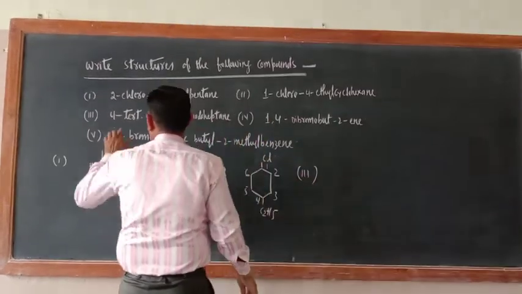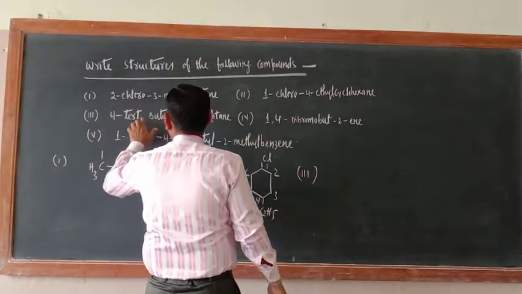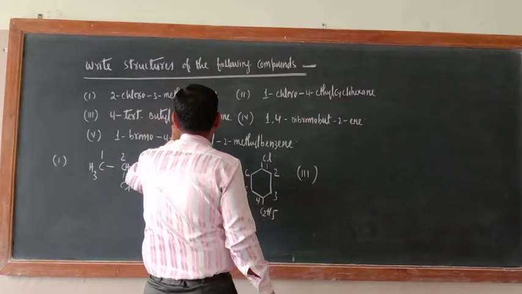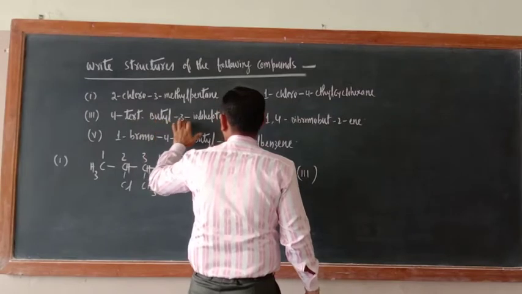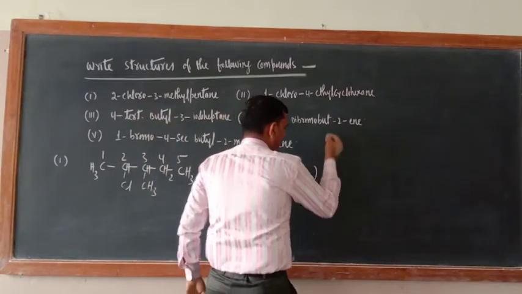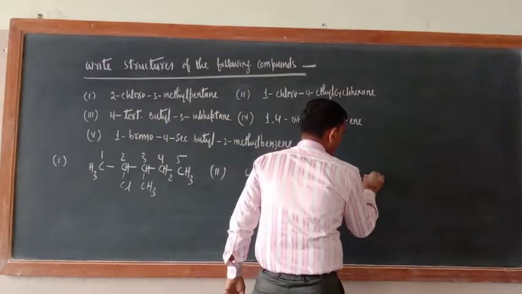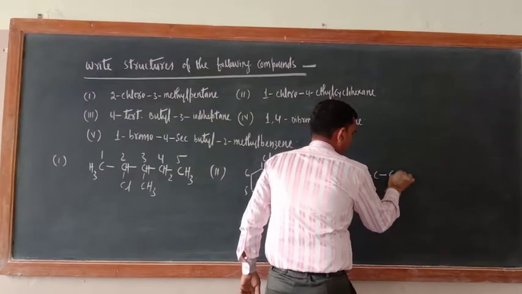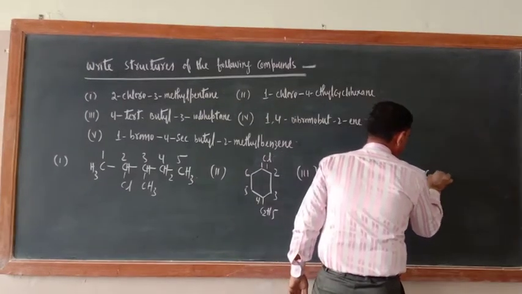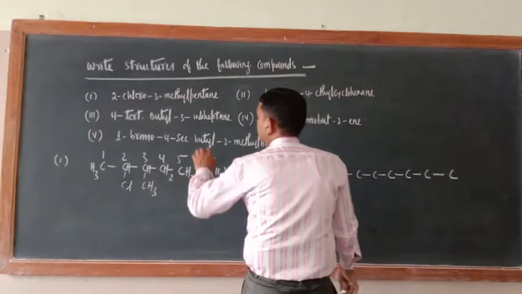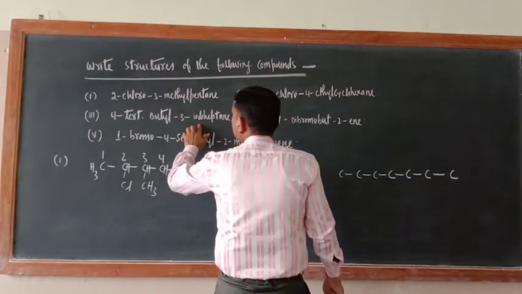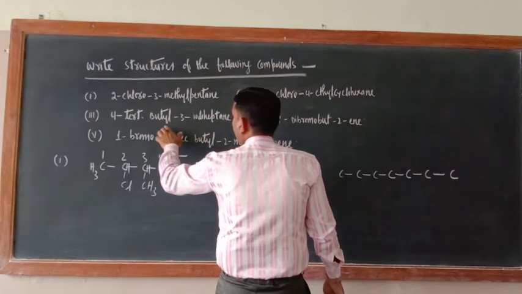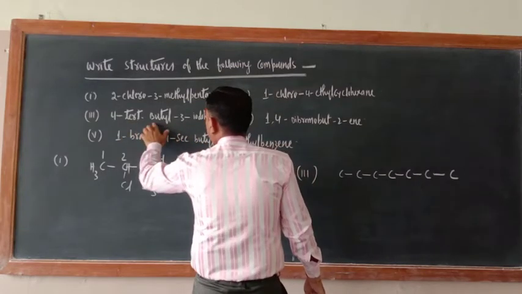Now the next one: 4 tertiary butyl 3 iodoheptane. Heptane means 7 carbon atoms. 1, 2, 3, 4, 5. Here 6. Here 7. So now at 3 position iodo, and now 4 tertiary butyl.